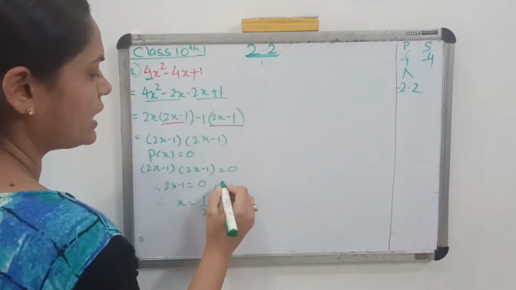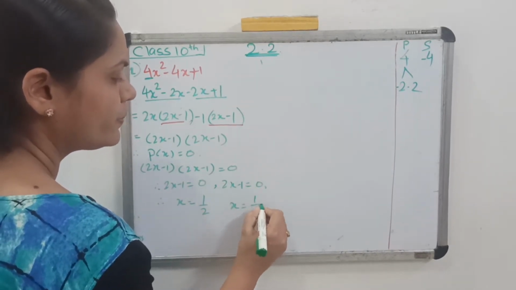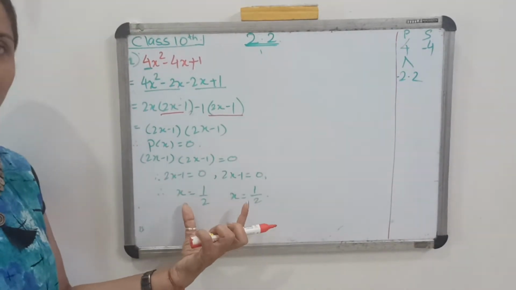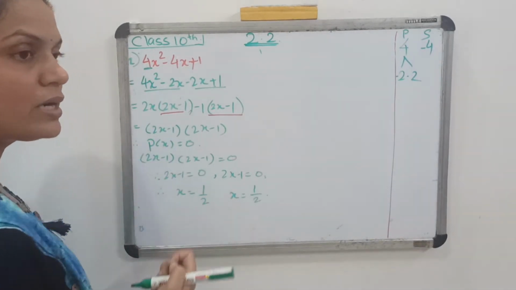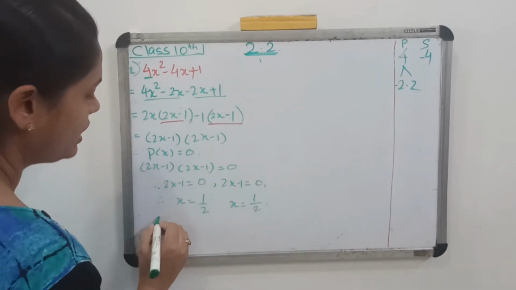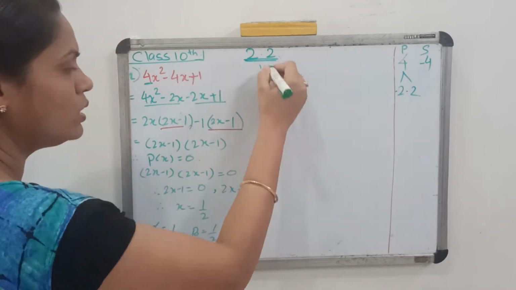Again here also the same: 2x minus 1 is equals to 0, x is equals to half. The two roots are same. It's a quadratic polynomial, roots are 2, but they are same. Alpha is equals to half, beta is also equal to half.